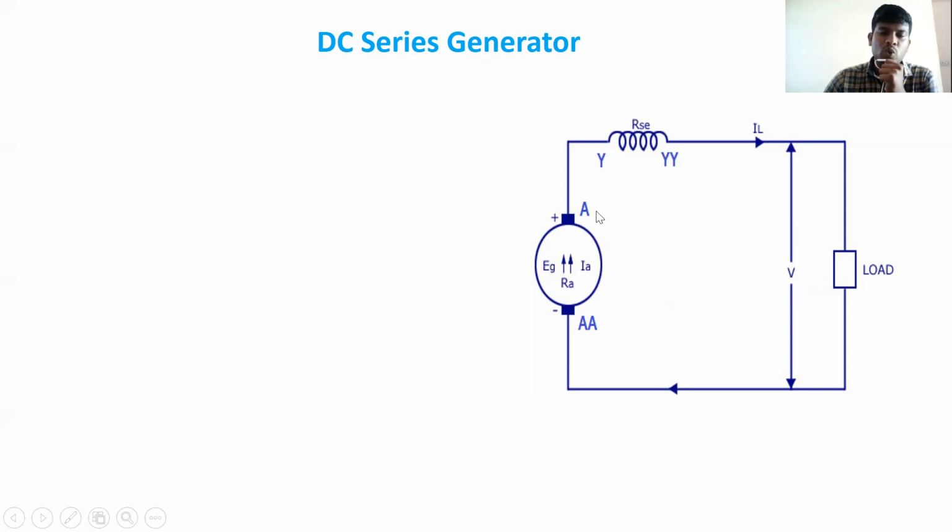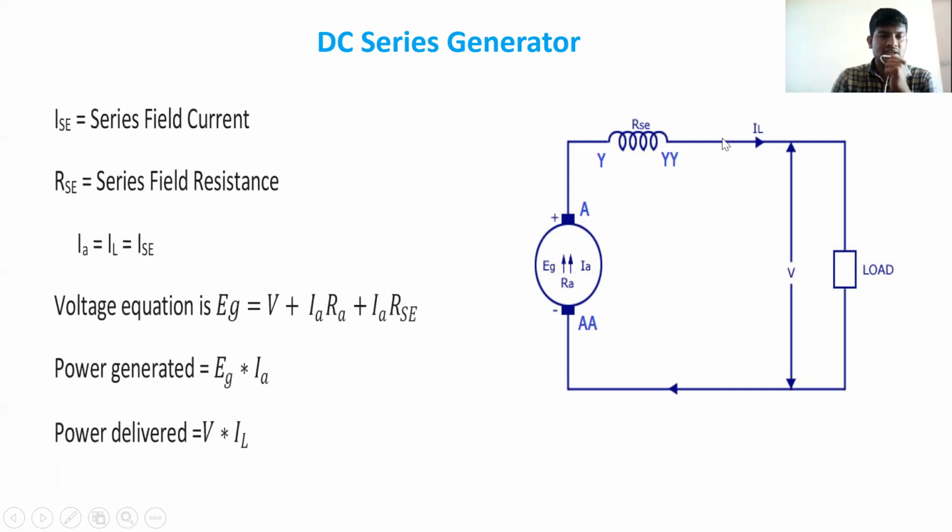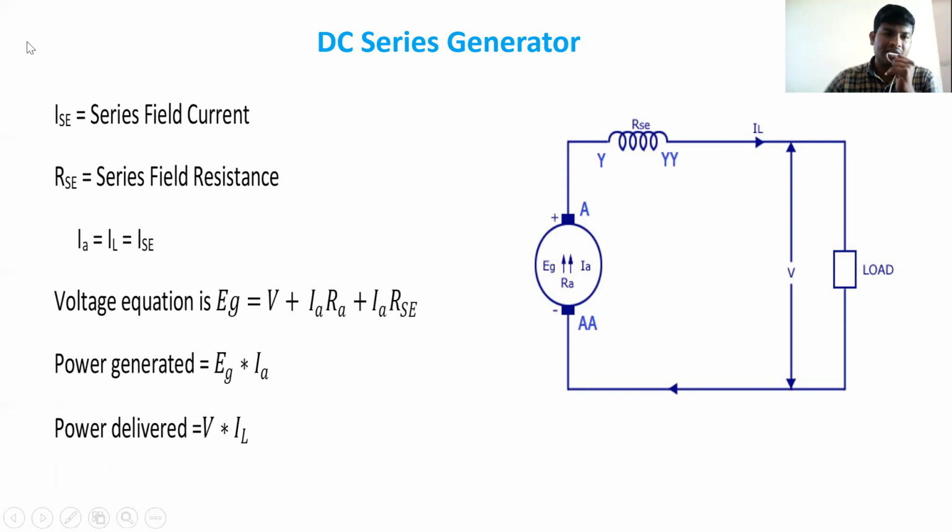What is the voltage equation of the DC series generator? We can apply KVL: EG equals V plus IA into RA plus IA into RSE, where ISE is the series field current and RSE is the series field resistance.